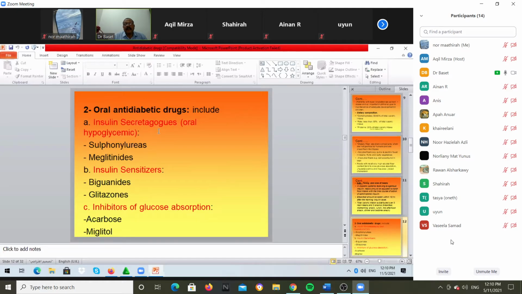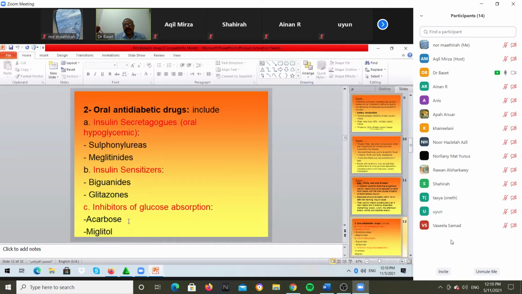Insulin secretagogues: two examples, sulfonylureas, the most important, and meglitinides, less important. Insulin sensitizers, also two examples, biguanides and glitazones. The last is the inhibitors of glucose absorption.